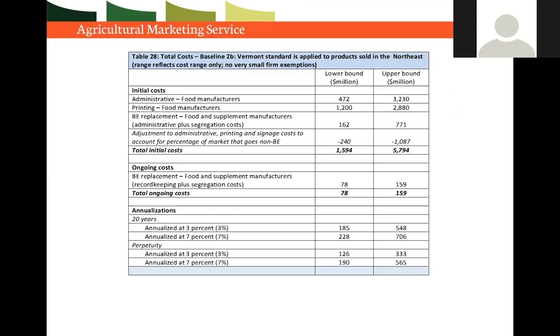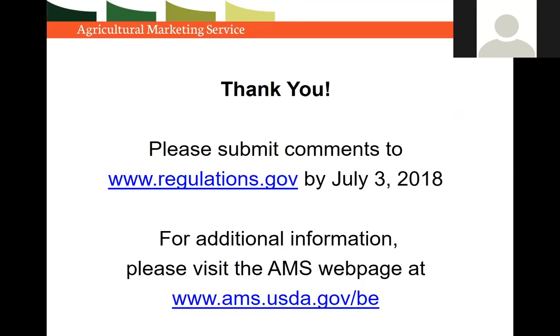Manufacturers that pulled product from the Vermont market or had to sync up with regularly scheduled labeling changes would incur the cost of lost products. In total, including costs for retailers and non-BE sourcing, USDA estimates that the total cost for the Vermont BE labeling law applied to products sold in the Northeast would be $126 million to $333 million at a 3% discount rate and $190 million to $565 million at a 7% discount rate.